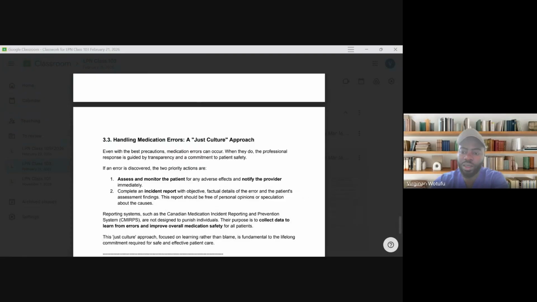In that order: you stop, then you assess and monitor the patient for adverse effects, and you notify the provider. After you have notified the provider, what do you do? You complete the incident report. You should bear in mind that this incident report is not meant to penalize or punish you. It's meant to enhance patient safety in the future as well.